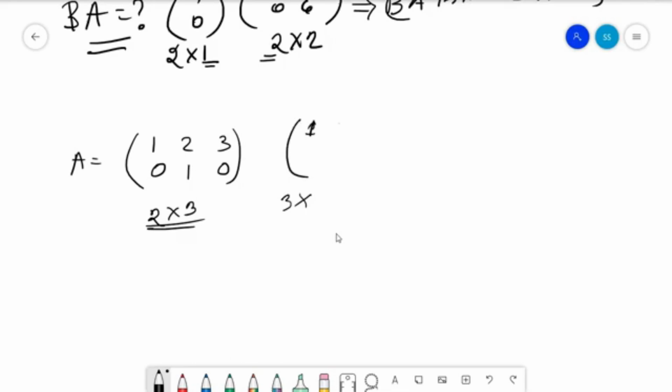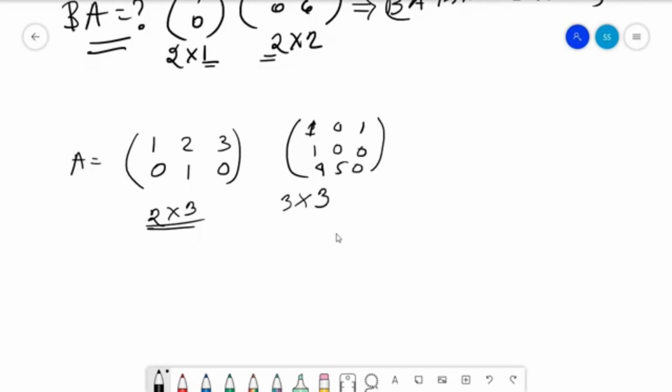1 0 1, 1 0 0. I'm taking these 1s and 0s just for the sake of the calculation, so that things become really simplified when I multiply them. And let's take 4 5 and 0.